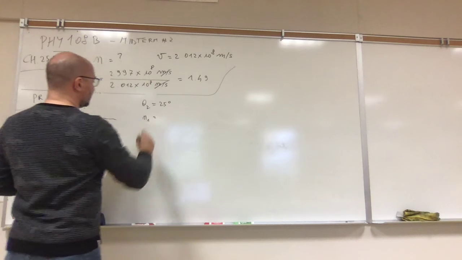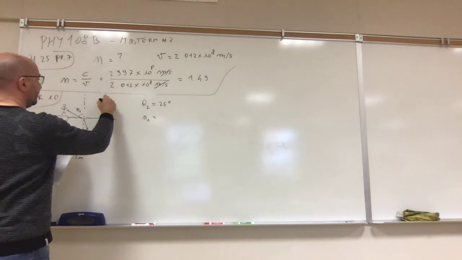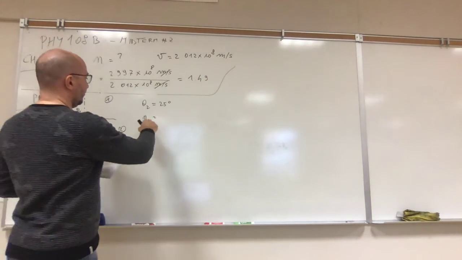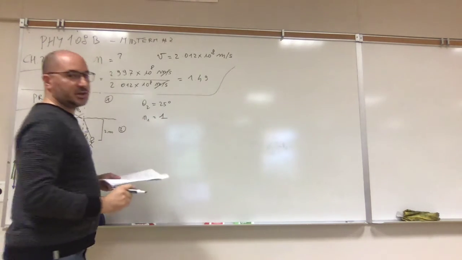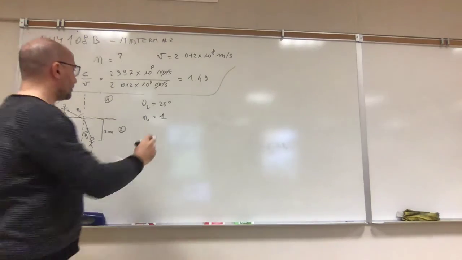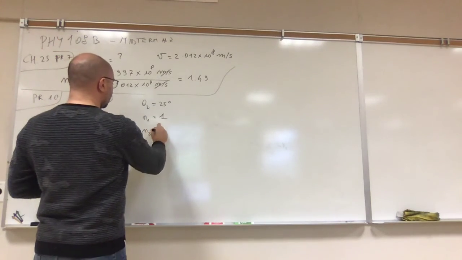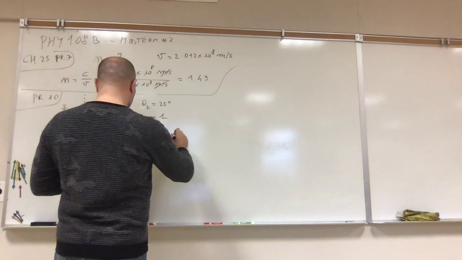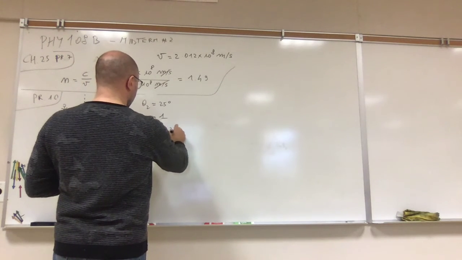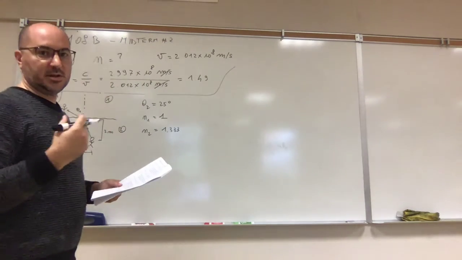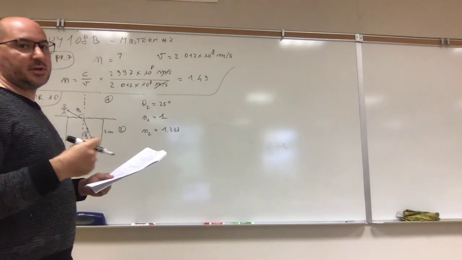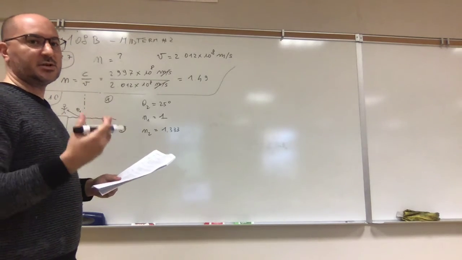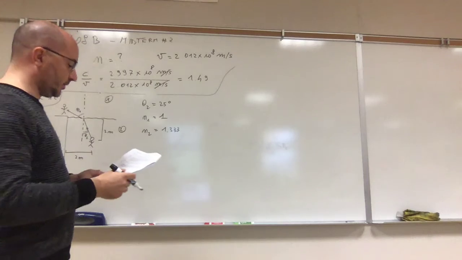The index of refraction of medium number 1, which I call air, is equal to 1. Medium number 2 is water, whose index of refraction is 1.333. Again, in the exam these numbers will be provided. You should know that air is 1, but in the case of water or other substances, I will give it to you.